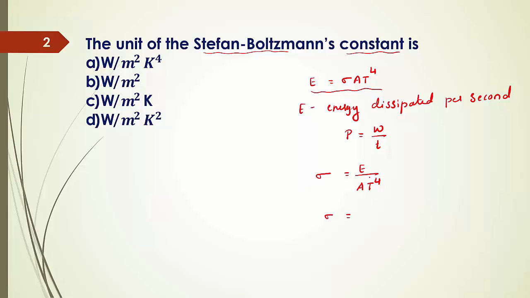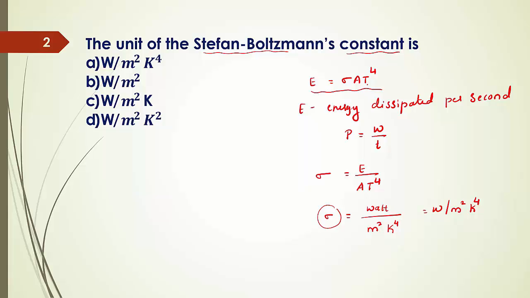The unit of energy dissipated per second is watt, divided by area measured in meter square, and temperature measured in Kelvin, so Kelvin raised to 4. So sigma is measured in watt per meter square Kelvin raised to 4. Sigma is Stefan-Boltzmann's constant.